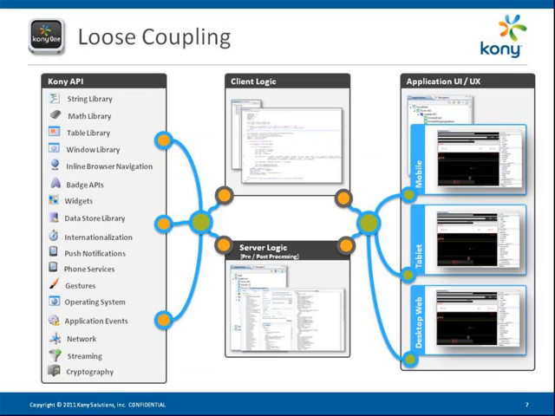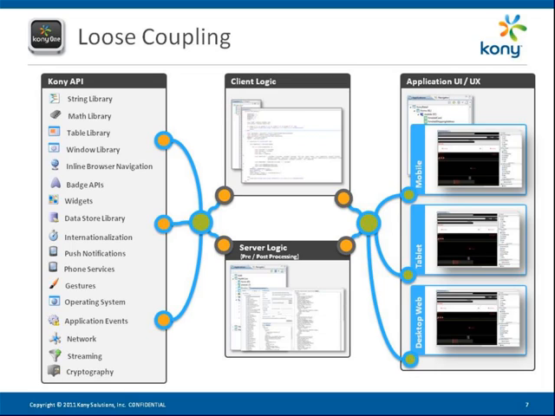Getting to the next slide, this slide describes how we achieve loose coupling in the Kony architecture. When you're designing your application, there is a loose coupling between the different layouts that we support, for example a mobile layout, a tablet layout, and a desktop web layout, as well as the client-side logic that drives these, and the server-side logic and implementation for each of these channels.